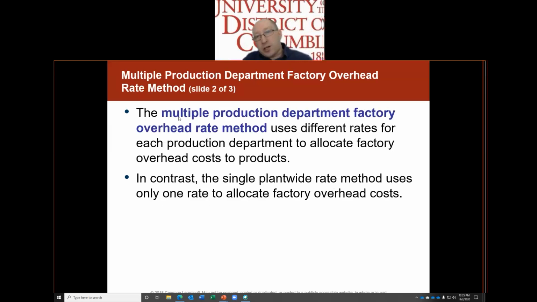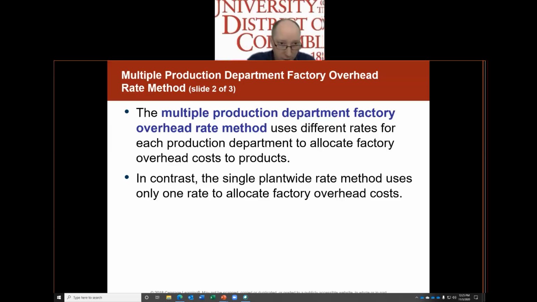The multiple production department method uses different rates for each production department to allocate the factory overhead to their respective products. This is different than the single plant-wide method that only uses one rate.